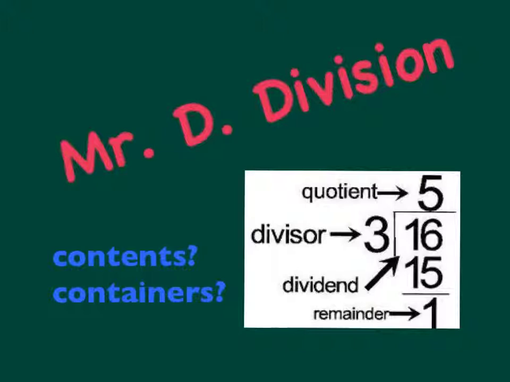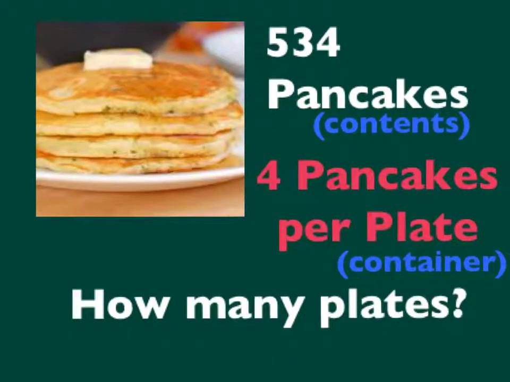When tackling a division problem, I suggest picturing in your mind's eye and visualizing both contents and containers. What items do you have, and how are you going to group them? In this problem, the contents are pancakes, and the containers will be the plates on which we place those pancakes.